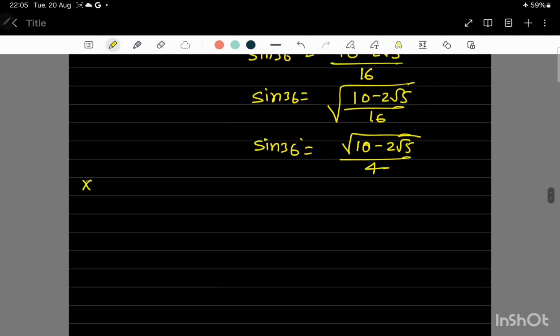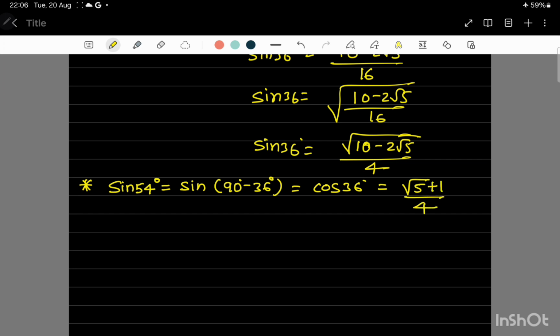And then sine 54 degrees. Sine 54 degrees is equal to sine (90 minus 36) degrees. So sine of (90 minus theta) is cos theta, so cos 36 degrees. The cos 36 degrees value we know is (root 5 plus 1) by 4. And then cos 54 degrees is equal to cos (90 minus 36) degrees.